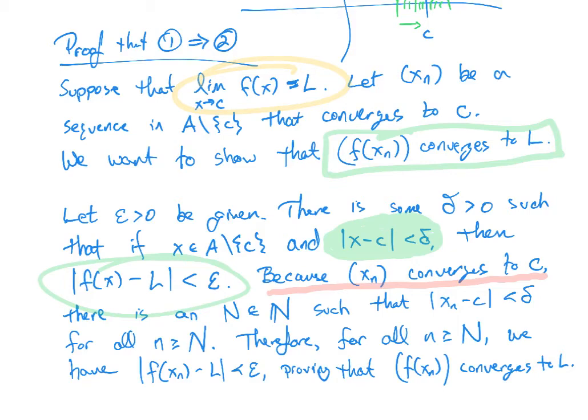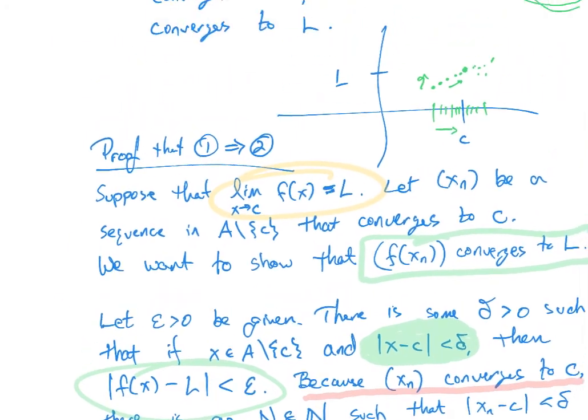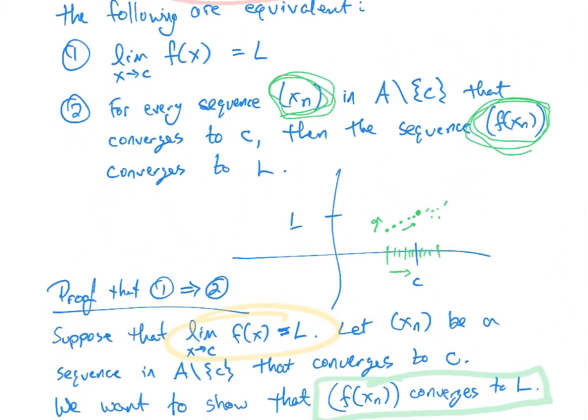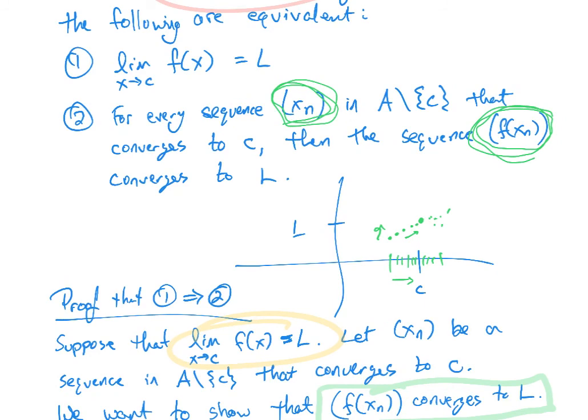For the opposite direction, I thought about this for a little bit. I really do think the book's proof is the best you can do. You have to do a contrapositive. So when we want to prove 2 implies 1, we prove that not 1 implies not 2.